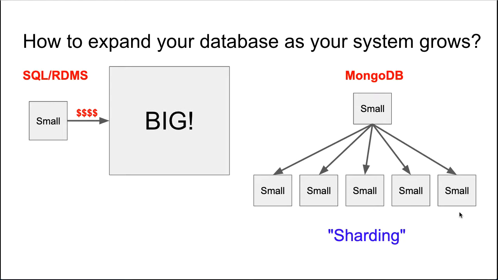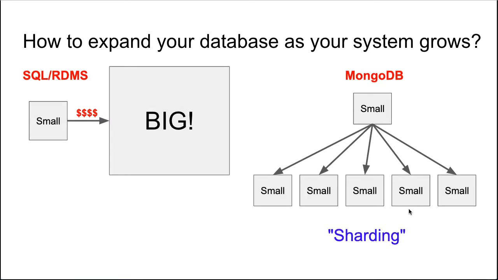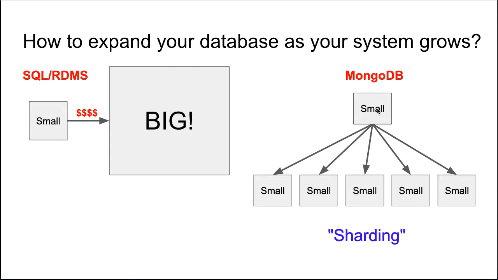And from a user perspective, this is all invisible, right? So you don't even need to know that your database is running on 5 machines now. As far as you're concerned, it looks just the same as it did before.